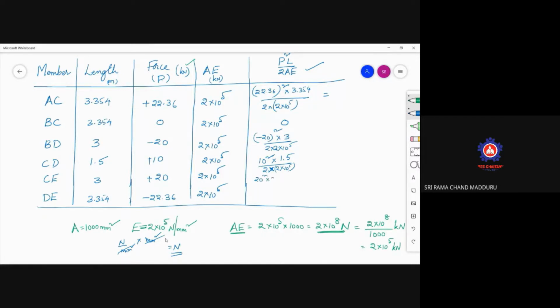Then 20 square into 3 by 2 into 10 power 5, minus 22.36 whole square into 3.354 by 2 into 10 power 5. So see the individual values of this P square L by 2AE.